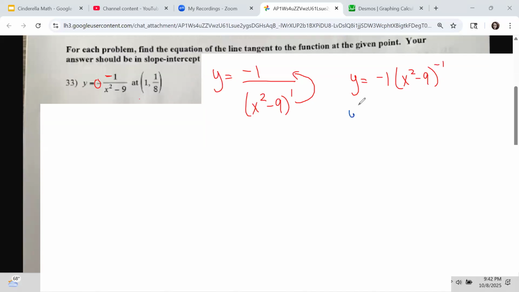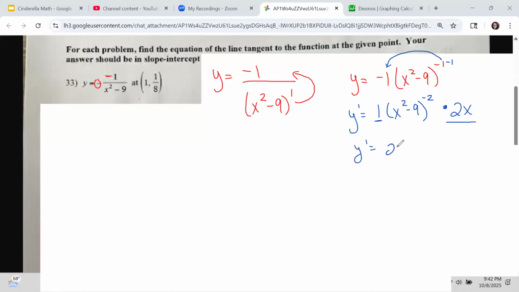Let's now do the derivative. Multiply, so that's 1. Keep the garbage in the parentheses, subtract 1, times chain rule, the derivative of the parenthesis. So the derivative of x squared is 2x. The derivative of negative 9 is nothing. We can do 1 times 2x.